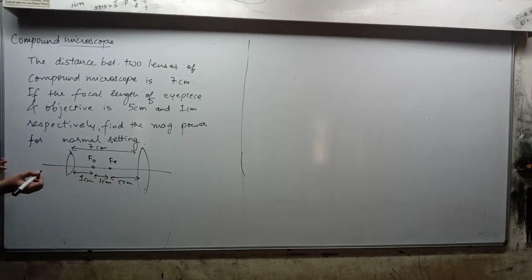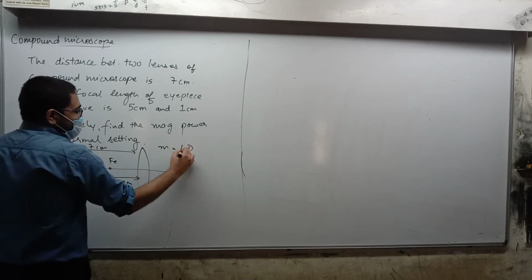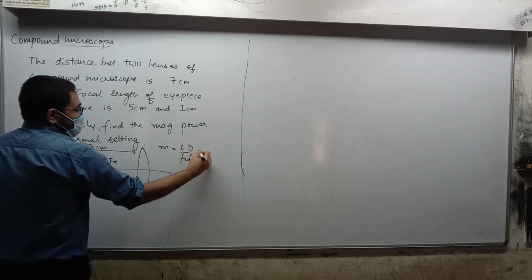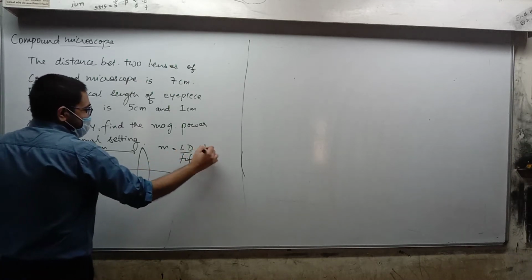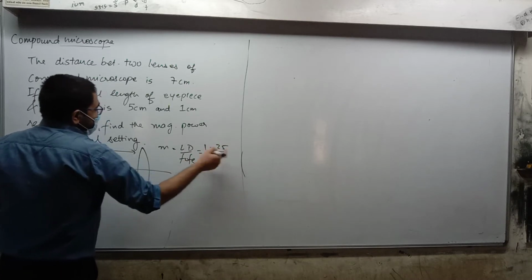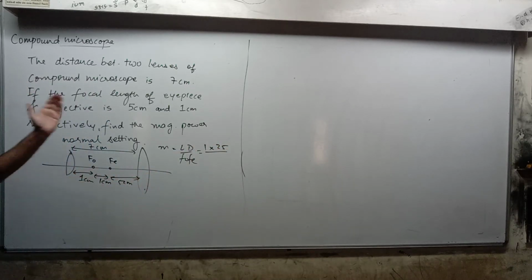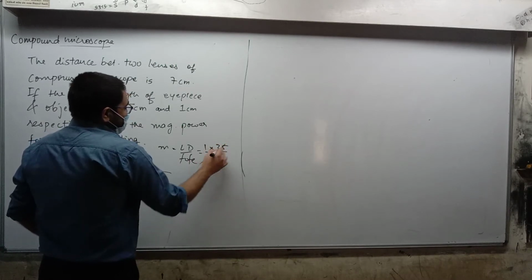Clear? This is what you have to do, and now the formula LD by FO FE. So L is 1, D is 25. D you have to remember. FO and FE, put the values 5 and 1. So this makes a very poor compound microscope.